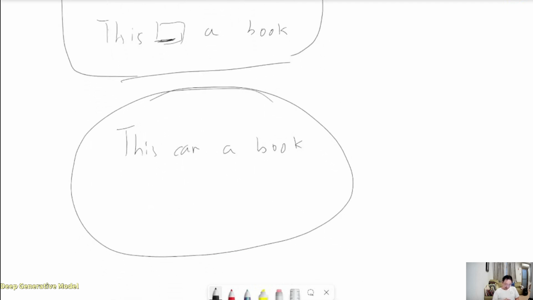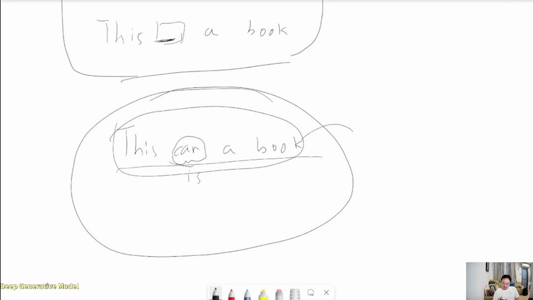But in this one, we randomly choose one of the words and replace it by another one, which is supposed to be a wrong one. So you need to find the incorrect one and replace it with a correct word. Maybe we can give you another text like this one. So this is more like a denoise autoencoder. This can also construct a probability model.